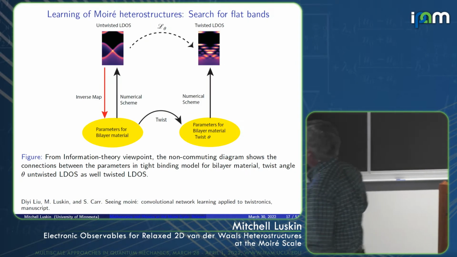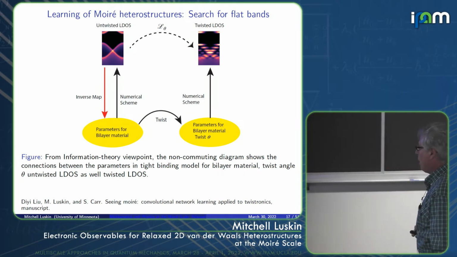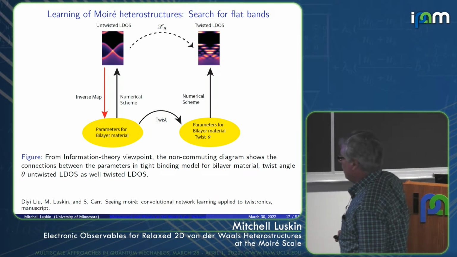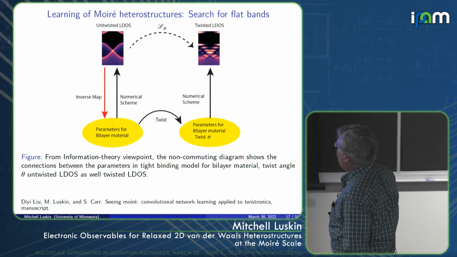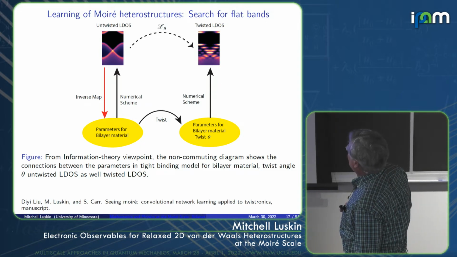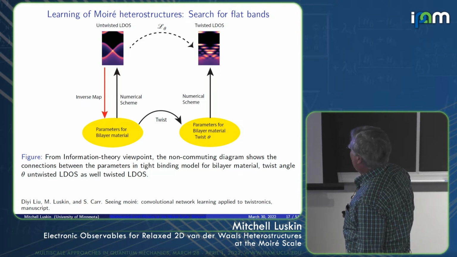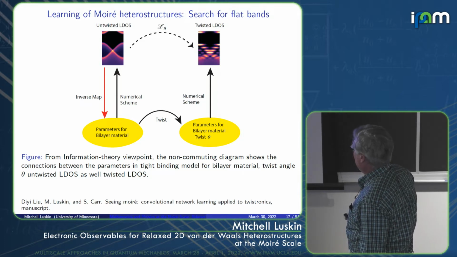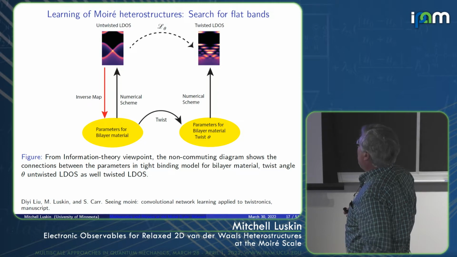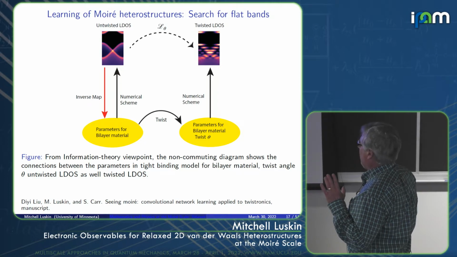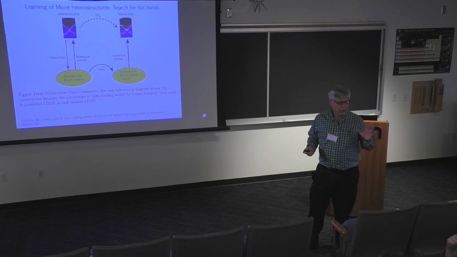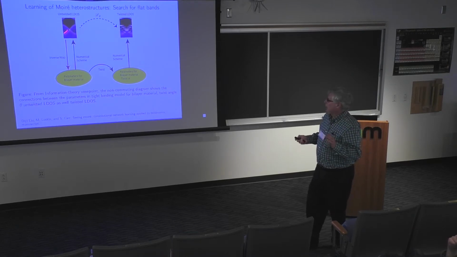With that in mind, we started a project with my grad student, D.E. Lee, and Stephen Carr. For me, this is my initiation into data science: trying to use neural nets, just from the band structure of an untwisted material, to predict the local density of states for the twisted material.